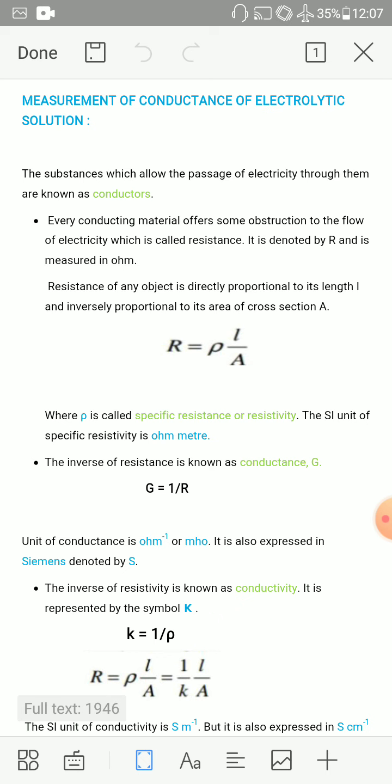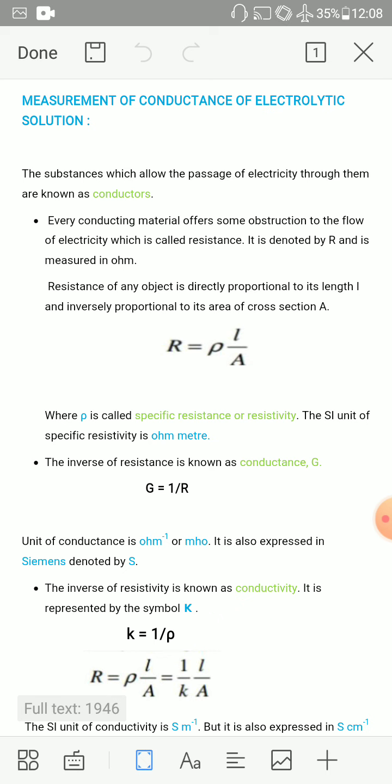Every conducting material, it may be metallic conductor or electrolytic conductor, offers some obstruction to the flow of electricity, and this obstruction is called resistance.